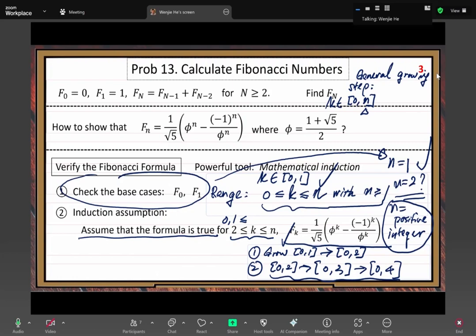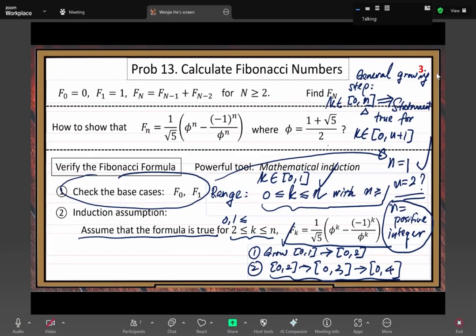It's true for a certain n number. Then I just do one growing step proof. The proof, only do one step. It's enough. This step is, then I can show the statement is true for a larger range, k in 0 to n plus 1. I grow the range by 1.